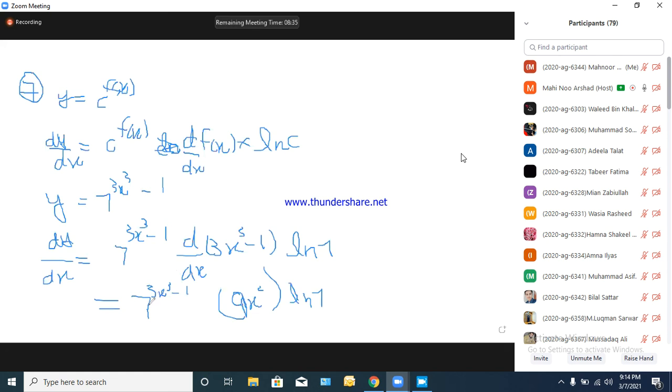You are seeing here 7 has power 3x cube minus 1 and here 9 has power 1. So you cannot multiply both of these. You cannot multiply 7 by 9. So mostly students make these mistakes. That's why I have explained here. Did you all know that?